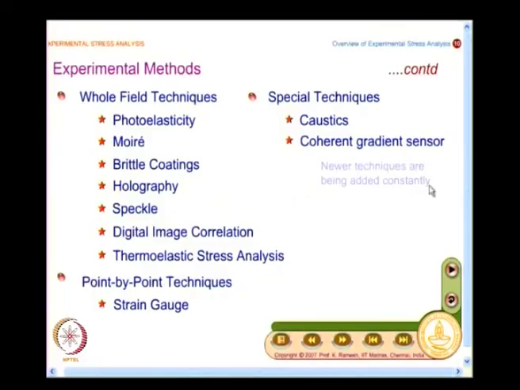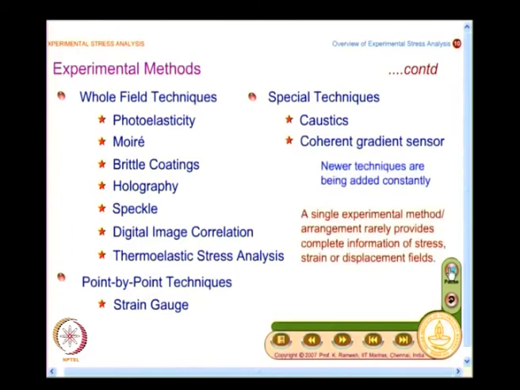And you should also appreciate that newer techniques are constantly added, and as I said earlier, a single experimental method or arrangement rarely provides complete information of stress, strain or displacement fields. It may give a particular kind of information.